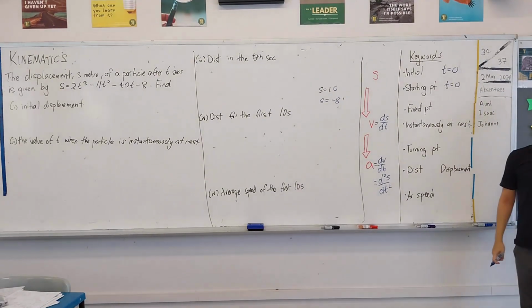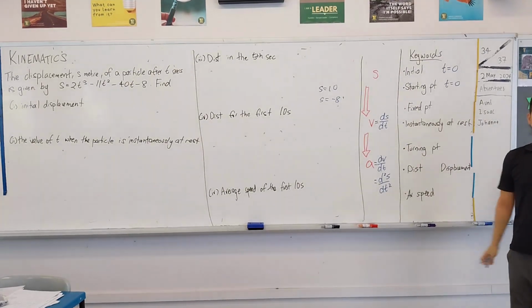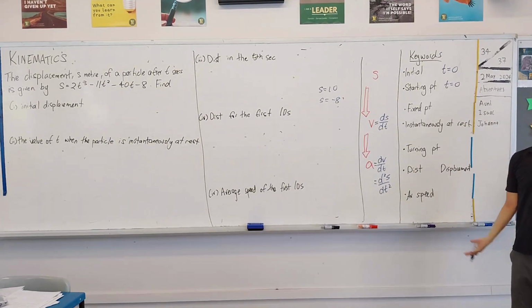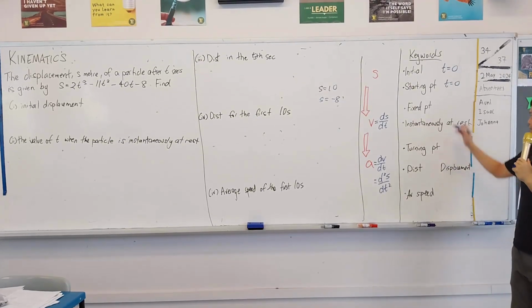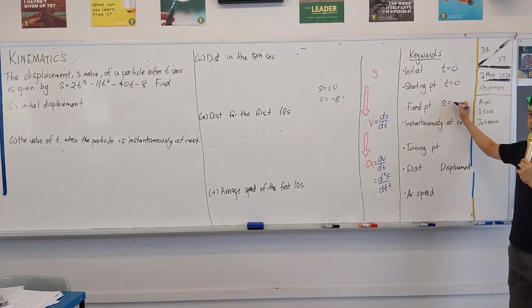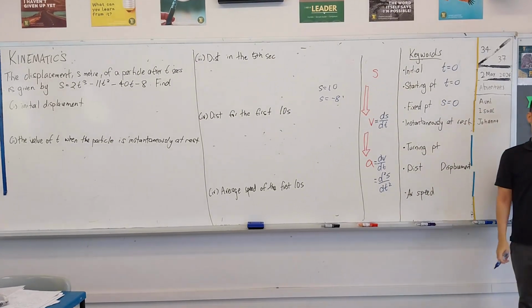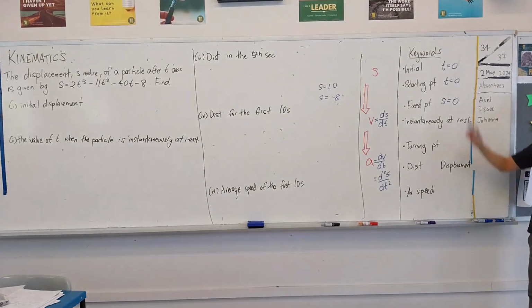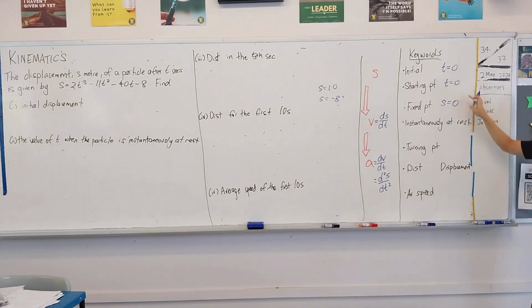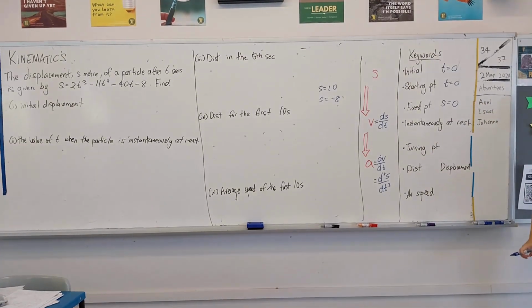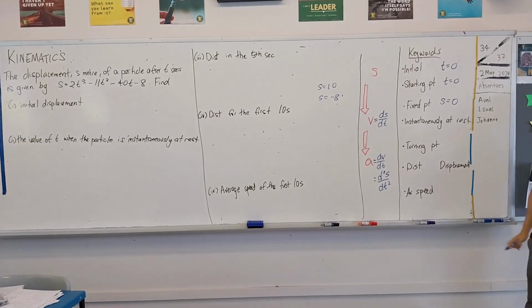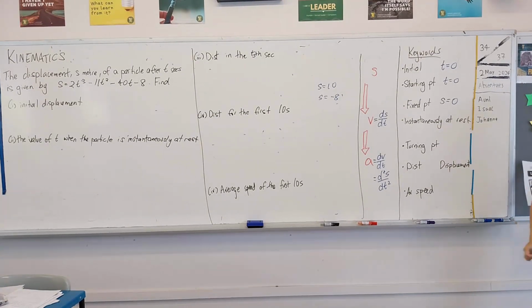Fixed point. They will sometimes say that there's a fixed point. Mathematically, how do you express it? The displacement equals 0. Now, at the start, displacement may not be 0. Please take note of this. Instantaneously at rest.